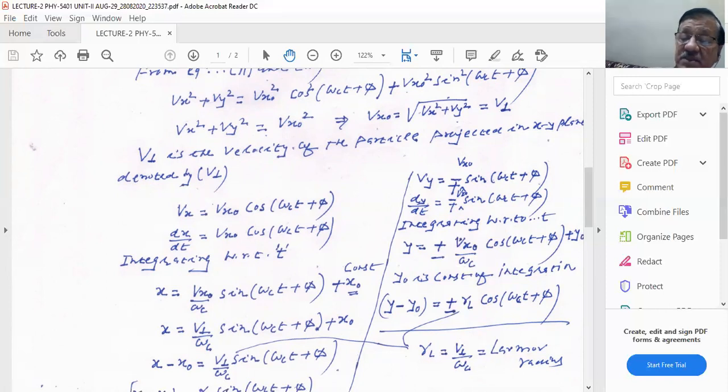Now omega c is always qB by m. So if you calculate RL, it will be m V perpendicular divided by qB. So the Larmor radius of the particle is directly proportional to the mass of the particle.